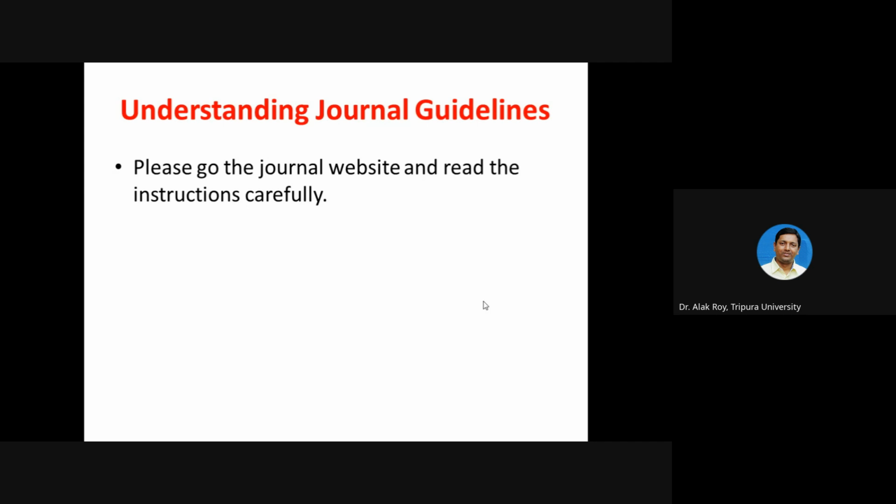Whether a graphical abstract is required or not, if you are sending files, whether it is in JPG or TIFF or whatever format, everything is categorically mentioned there. That's why I simply mentioned this journal guideline is very important.